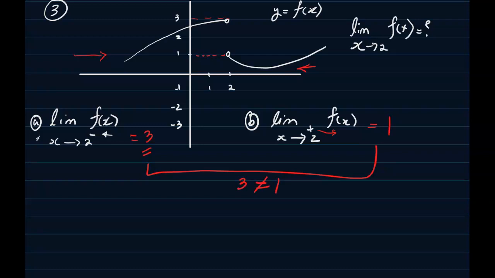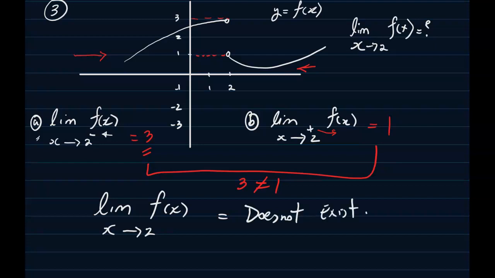And because of that, we conclude that the limit of the function f of x as x approaches 2 doesn't exist. Very simple.